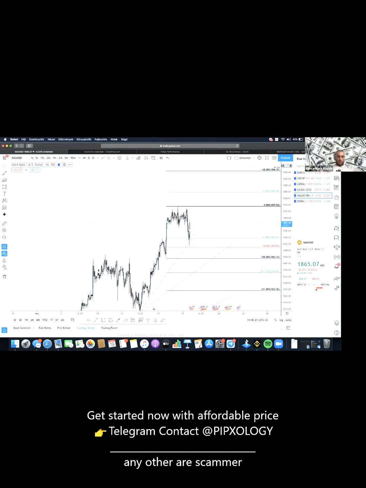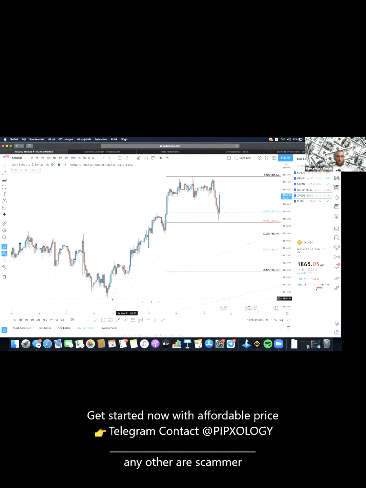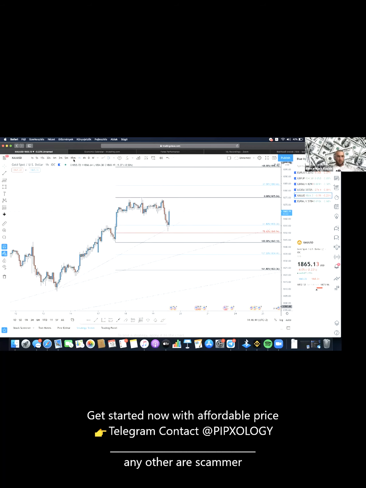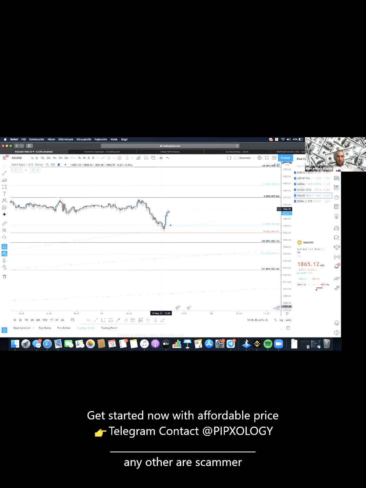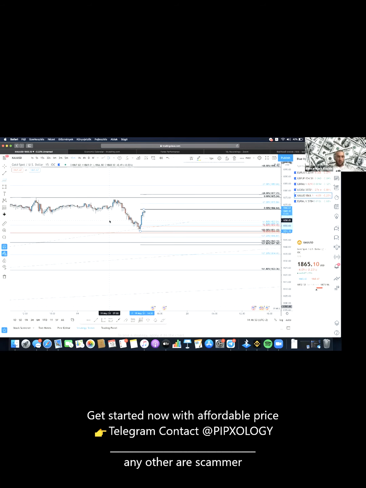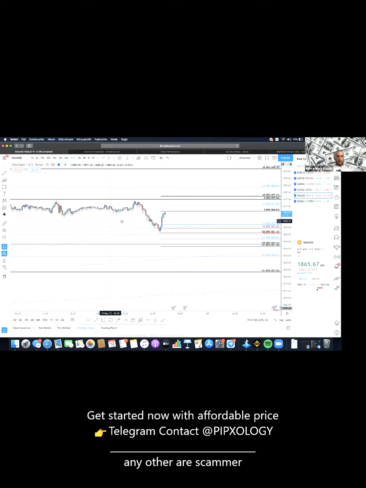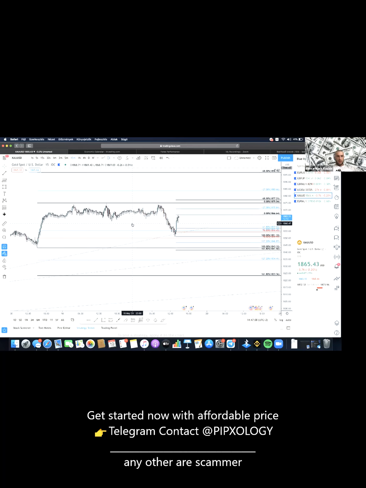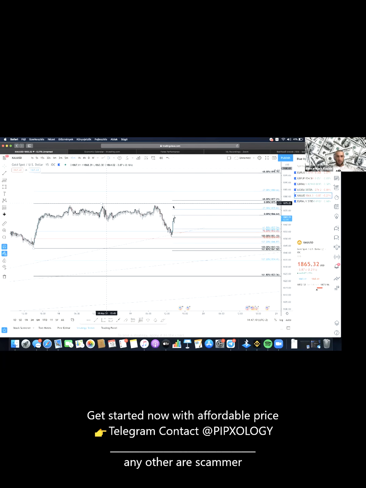Let's have a look. So the last 1 hour candle is really bullish. We can't find too many things. You can see one red candle. So if the price starts pushing to the downside, I think we can have a look at a long position from 61.80 or 78.60. Both structures are broken, and I think the USD is still really bearish, so I think it's still possible we see some upside move on gold.